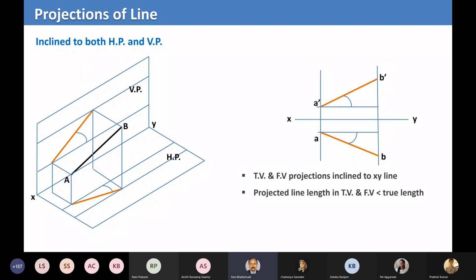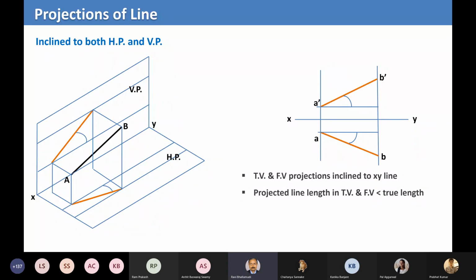For the moment, just mark also the points B and B dash. Let us say those are the projections of the point B on the horizontal plane and the vertical plane. We will look at that. And mark the third final statement in this slide, which says that the projected length in both top view and front view are now less than the true length.